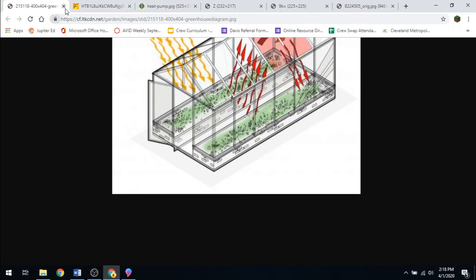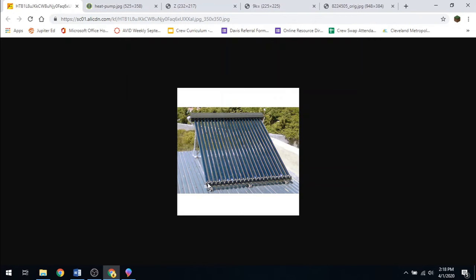So a solar collector is different than a solar panel, but it's kind of similar. You put it out, it will heat up. The sun's energy heats it up, and we use it. Then we can use that to heat buildings and stuff like that.